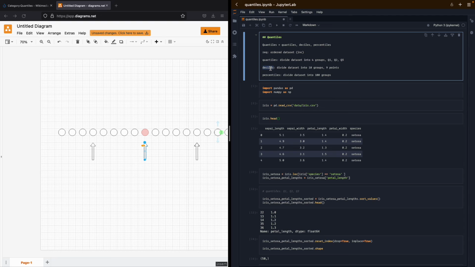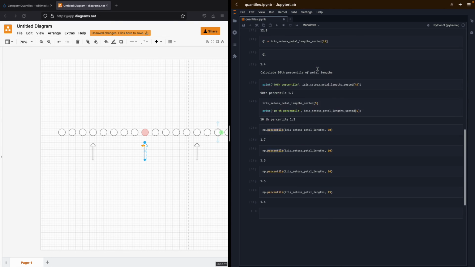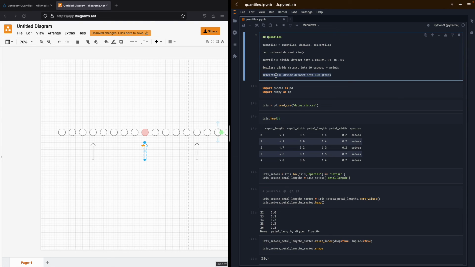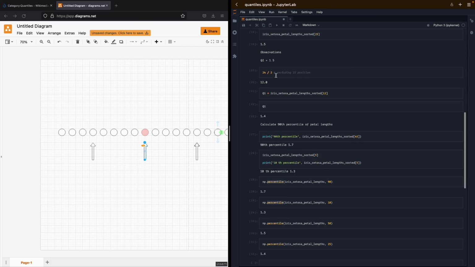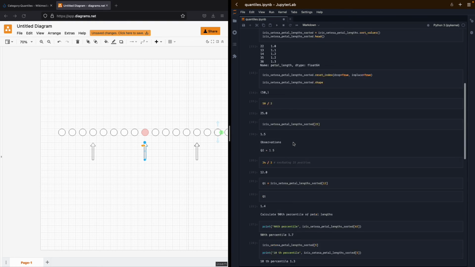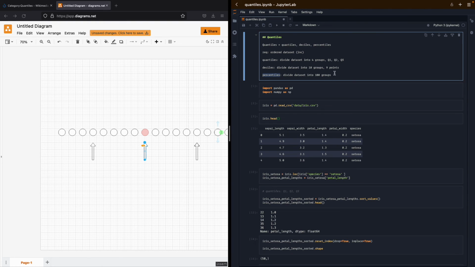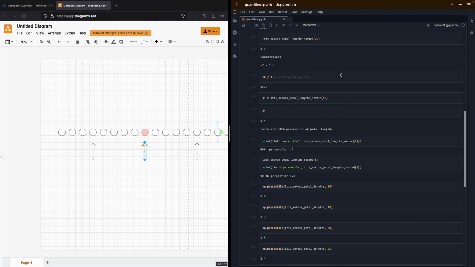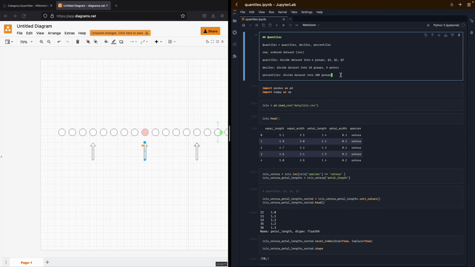Also, to get deciles we can take the 10, 20, 30, 40 points, and percentiles basically divide the data set into 100 groups and take each data point. So in this way you can calculate quantiles in NumPy, and we understood what the concept is all about.